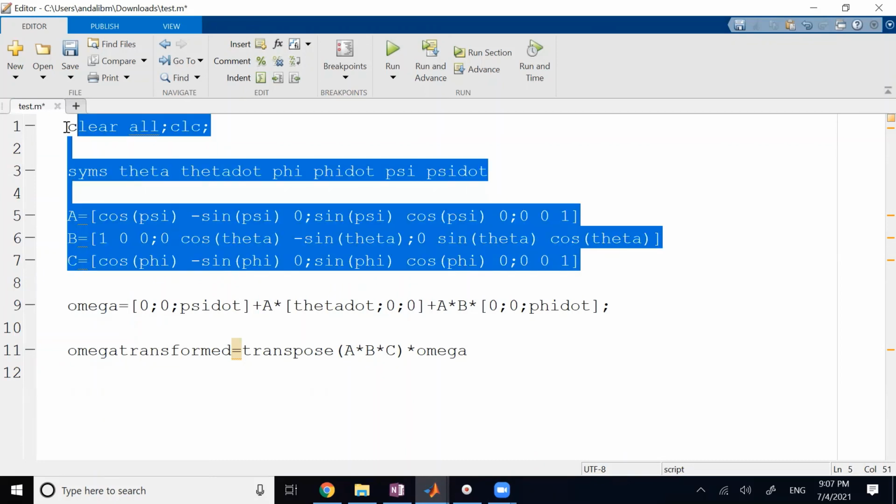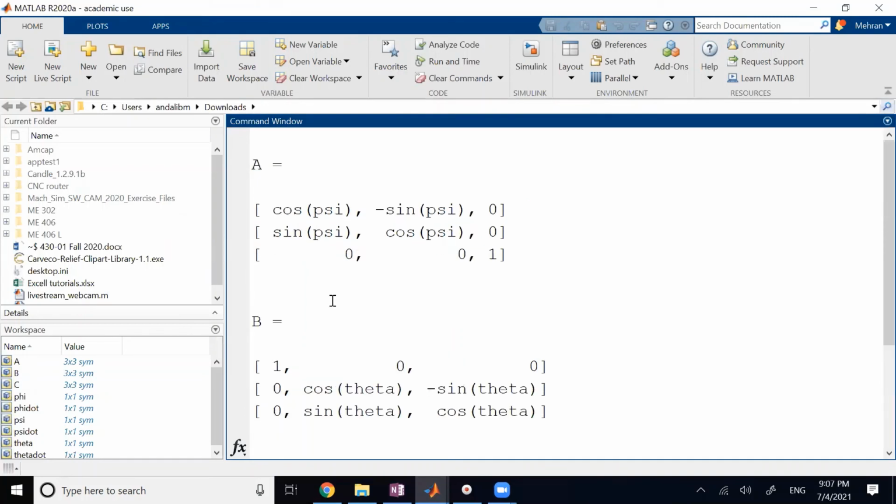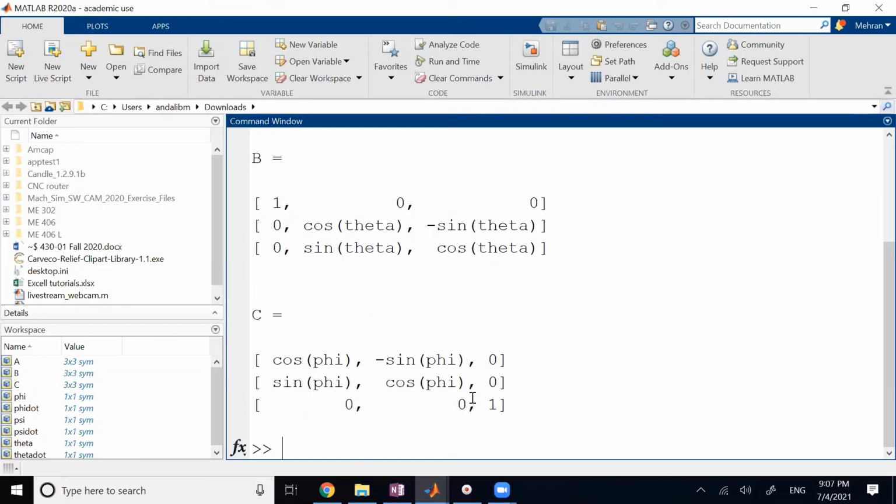So I always recommend you visualize them before you multiply anything. Here, these are my A, B, and C matrices. A is a rotation of psi about Z, B is a rotation of theta about X, and C is a rotation of phi about Z. So first make sure it is extremely accurate, because the smallest typo will lead to a completely different result.